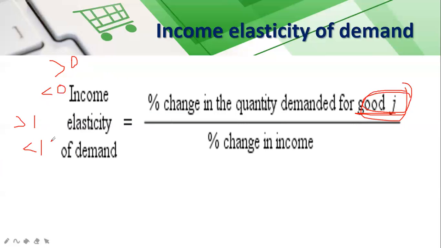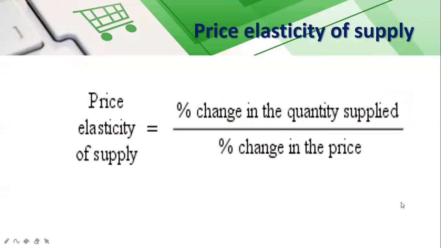So that is for income elasticity of demand. Now, let's go to the next one. We have price elasticity of supply. The price elasticity of supply is a measure used in economics to show the responsiveness, or elasticity, of the quantity supplied of a good or service to a change in its price.